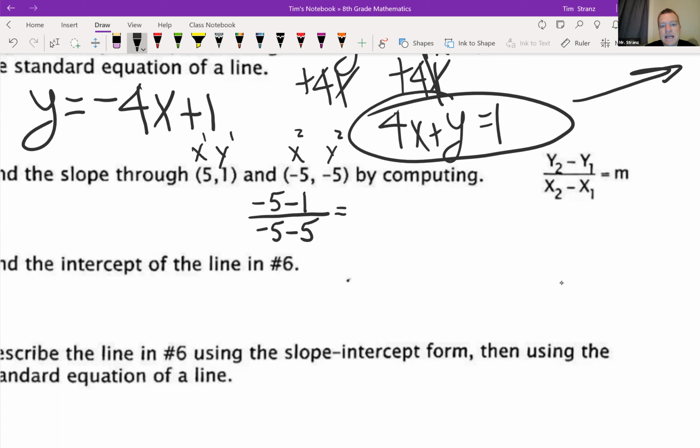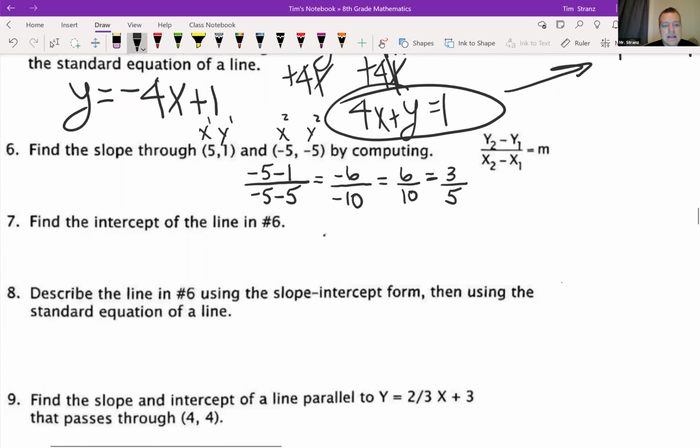If I do this, -5 minus 1 is -6, and -5 minus 5 is -10. I have a negative divided by a negative now, which is going to turn into a positive 6/10. If we reduce 6/10, 2 goes into 6 3 times, 2 goes into 10 5 times. So it's a positive 3/5.